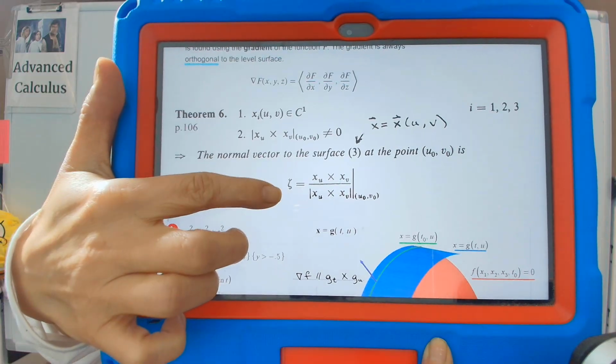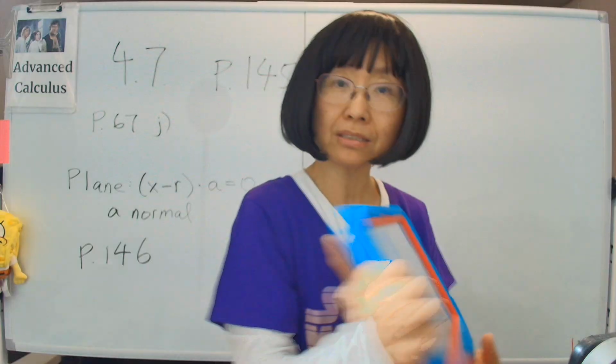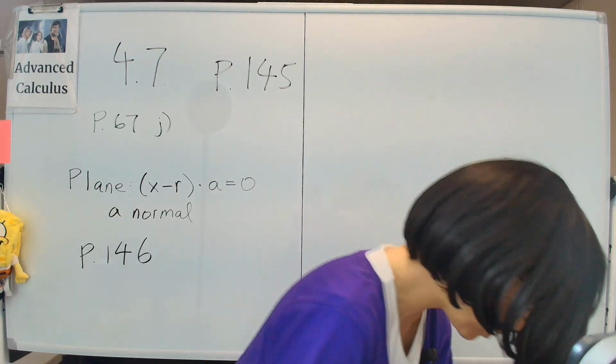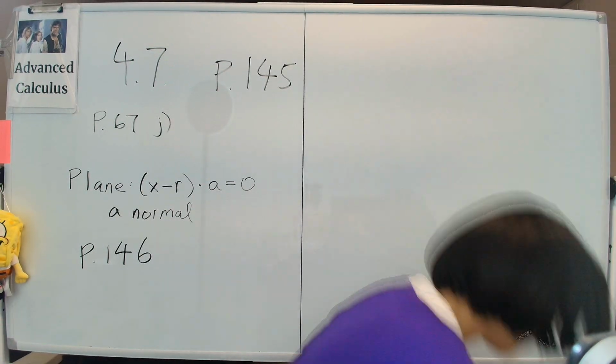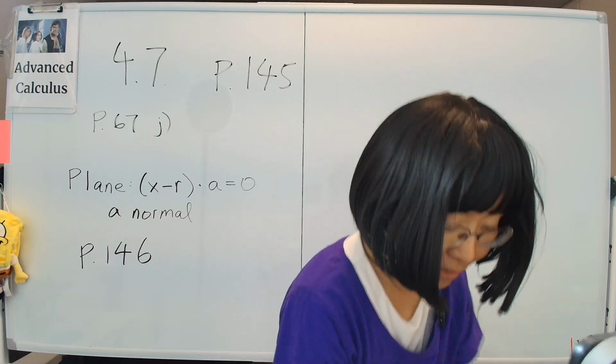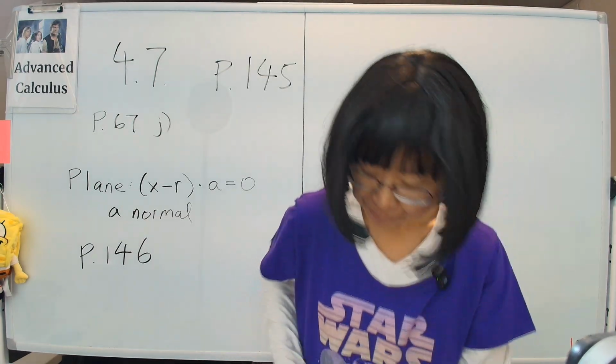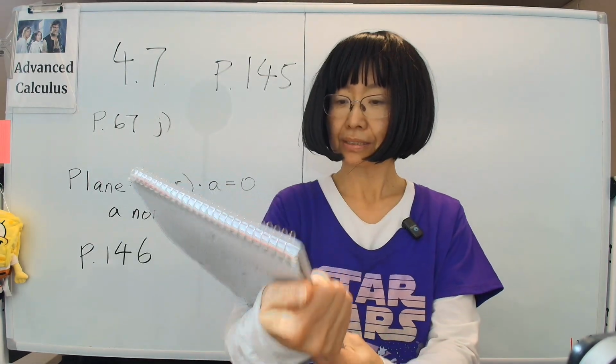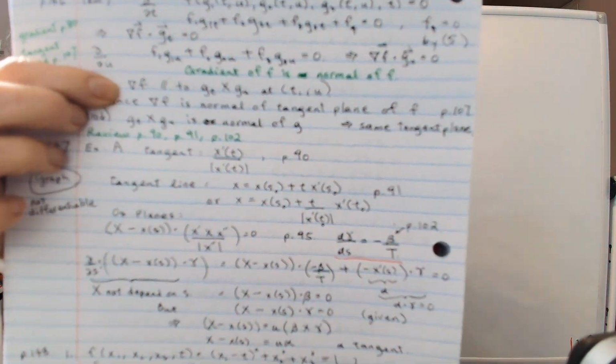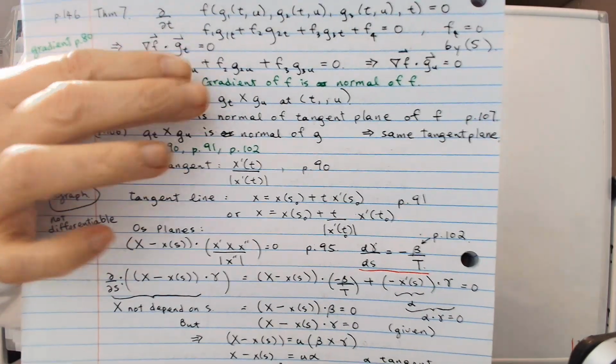So in other words, GT cross GU is the normal vector. Might not be unit normal, but normal. Okay, so if it's the normal vector, meaning that it's perpendicular, then we have grad f is perpendicular to GT cross GU.